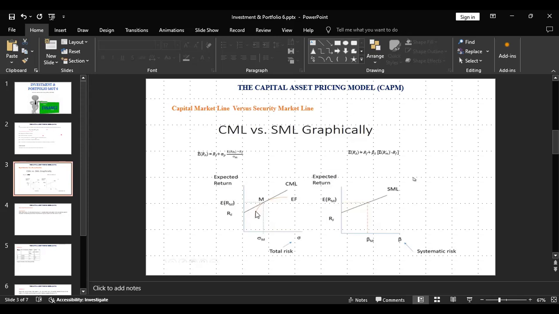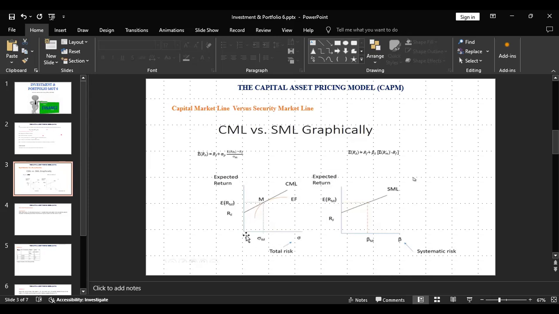The line moves from the risk-free rate and is a tangent to the efficient frontier curve. That is the capital market line. Since the relationship is between expected return and total risk, it takes all the risks, both market, firm specific, or industry specific, into consideration.